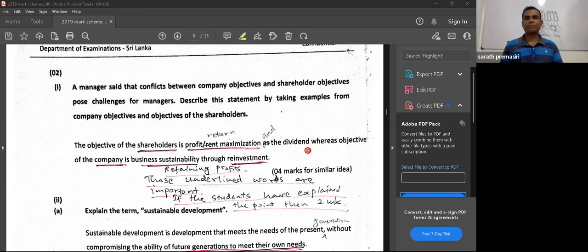Whereas the objective of the company is business sustainability through reinvestment.